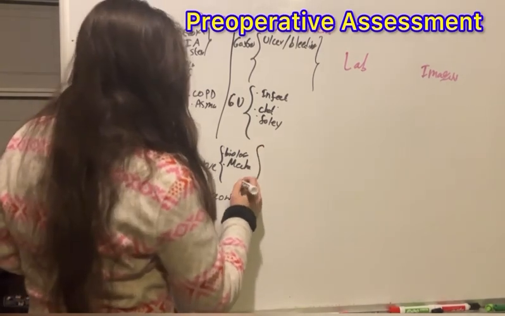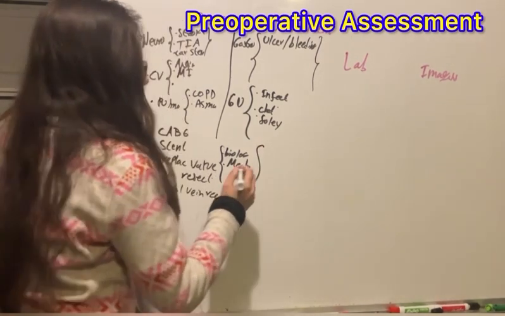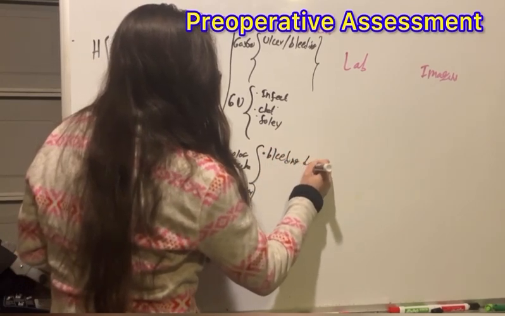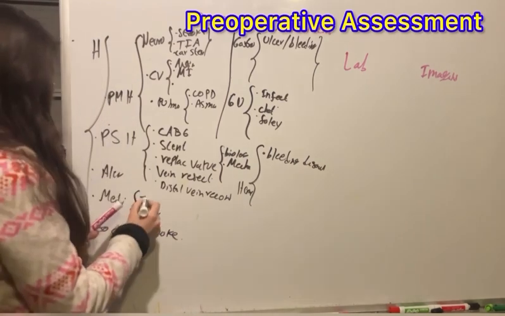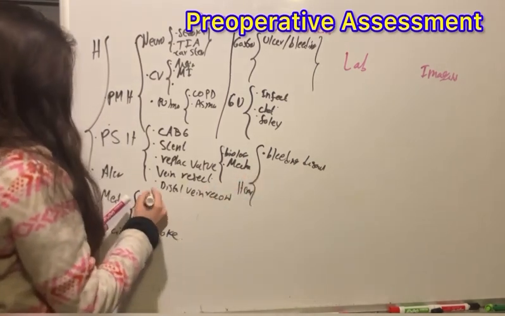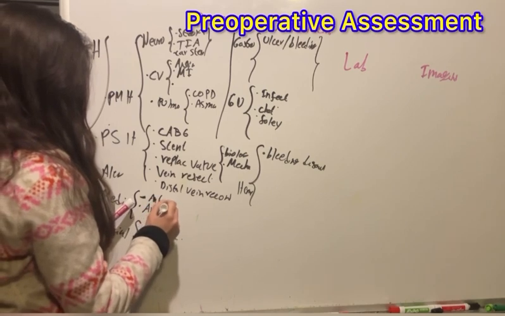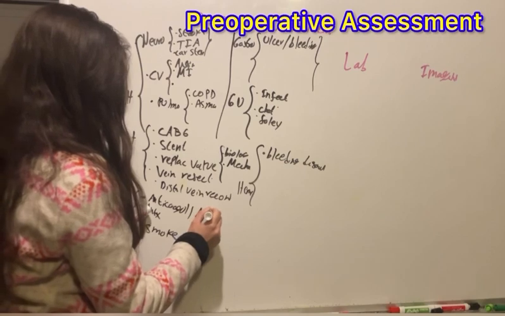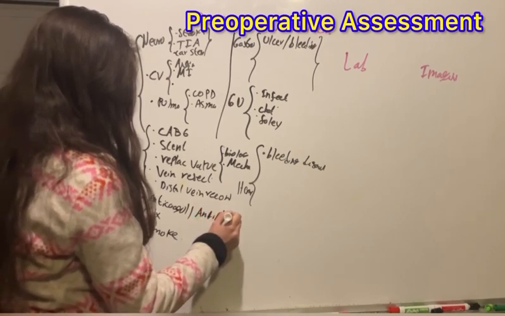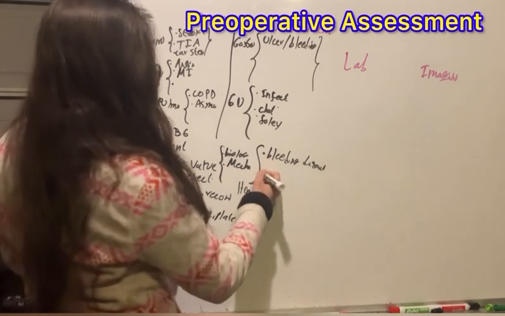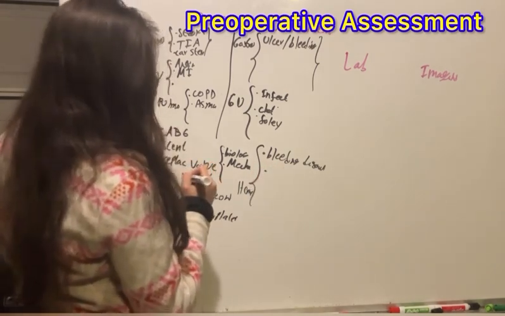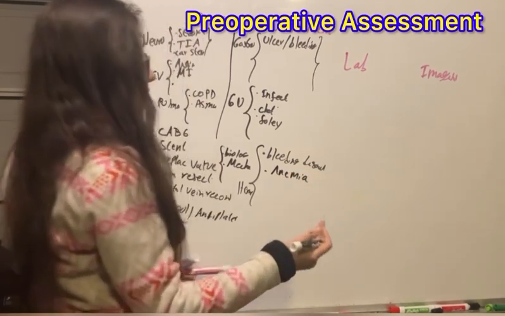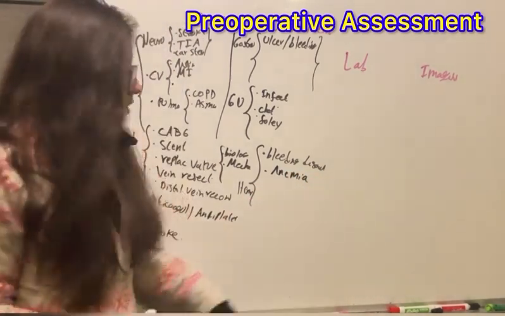Heme. So if the patient has any bleeding disorder, here we also include if the patient is taking any anticoagulant or antiplatelet medication, or if the patient has a history of anemia and is currently taking iron.